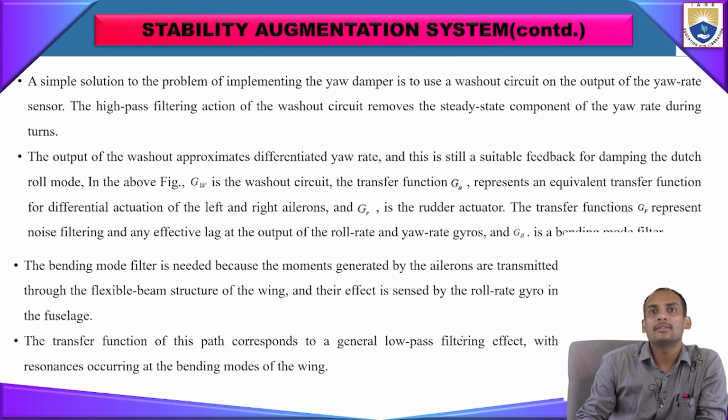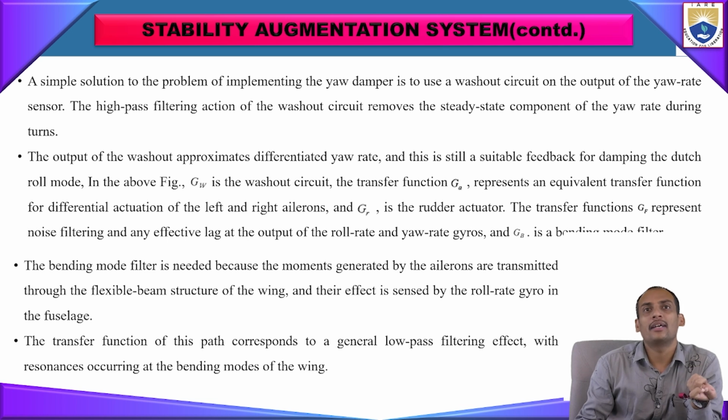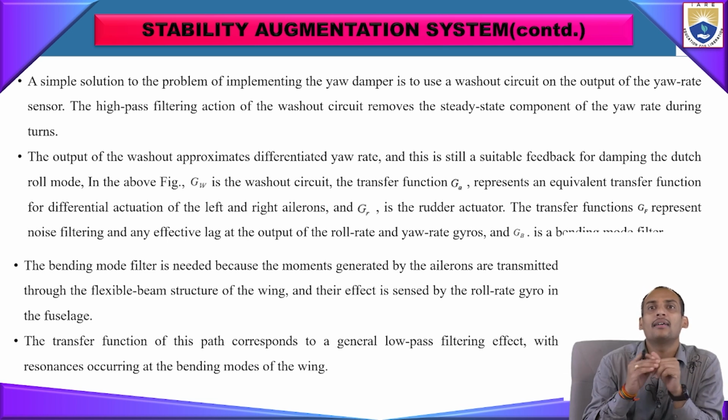So for this, the respective transfer function is GA, which represents the equivalent transfer function for differential deflection of the left and the right ailerons, and GR is the rudder actuator.